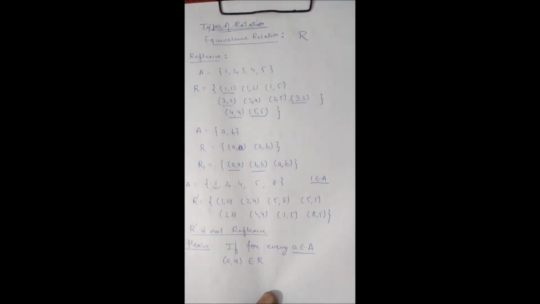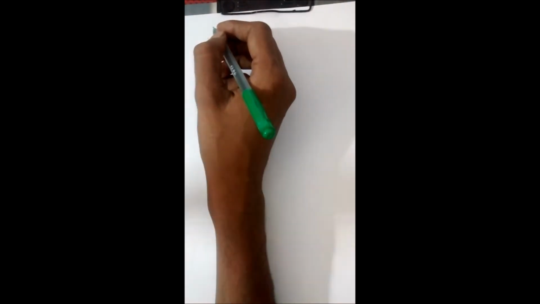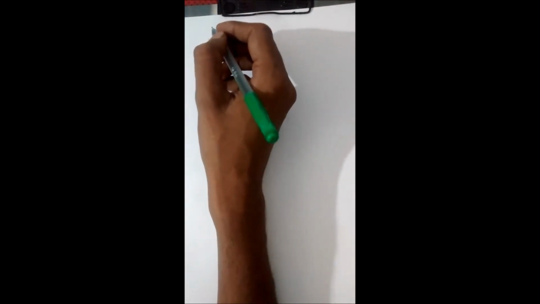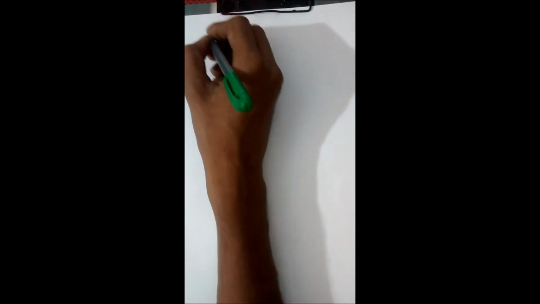Now after reflexive, what do we have? After reflexive, we have one more condition, that is called symmetric. A relation is said to be symmetric... Symmetry is like a pattern: if we are facing a mirror, then our reflection will be symmetric.